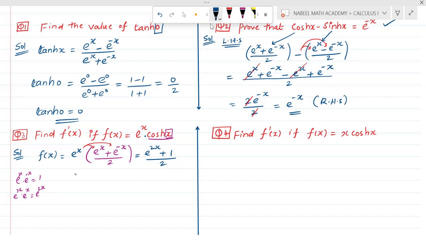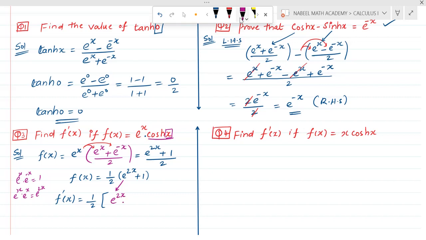Now the function is very simple. See here, there is no product rule at all. So I will write this as 1 over 2, taking it in the front, times e to the power 2x plus 1. Now we will differentiate this part. 1 over 2 is like a constant. Now what is the differentiation of e to the power 2x?